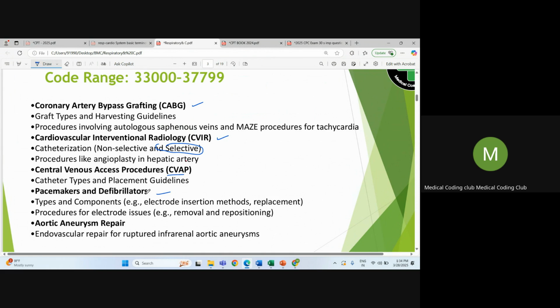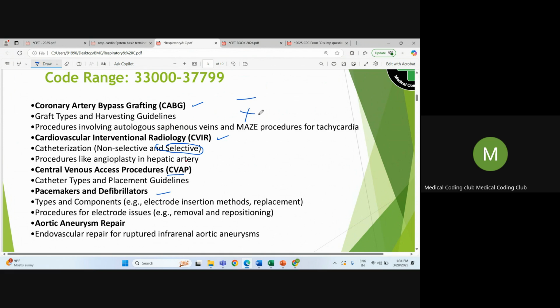Just go through the code range and understand the basic procedure terminologies and how exactly they perform them. In CABG, you should be aware of vein grafting, artery grafting and combined grafting. For artery plus vein graft, you will code artery as the primary code, and to code the venous graft you will use the add-on codes.